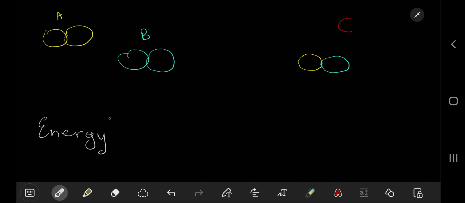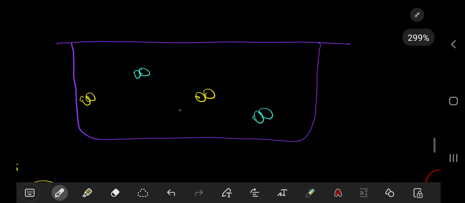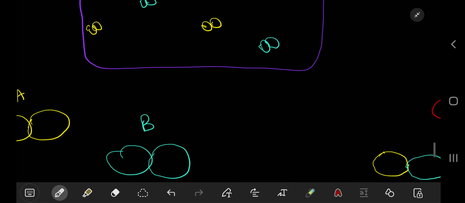As these particles are moving, energy is being absorbed, right? Because remember, they do have energy. These particles have kinetic energy, energy of movement, and they are constantly moving randomly in straight lines, right?